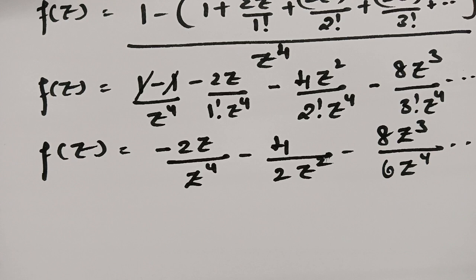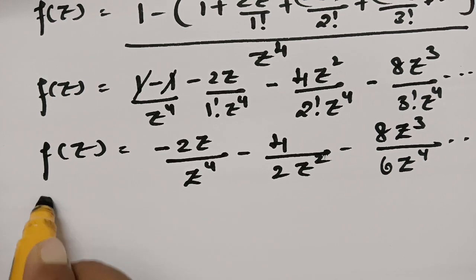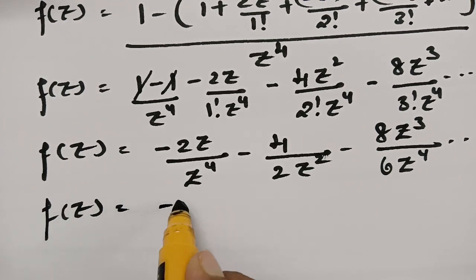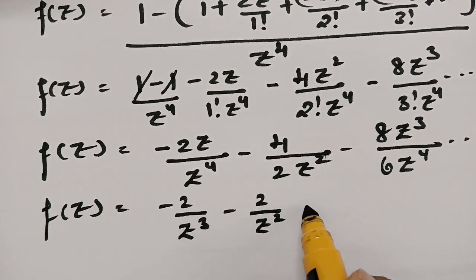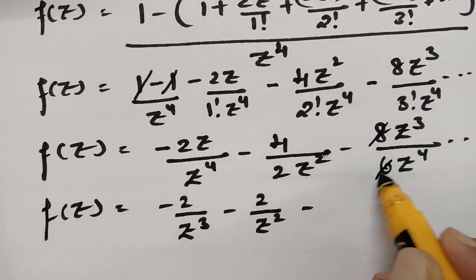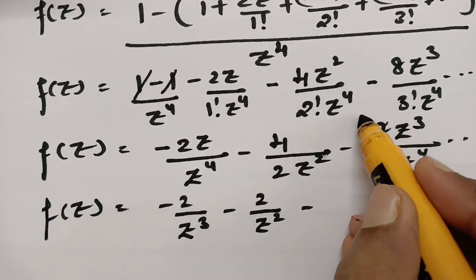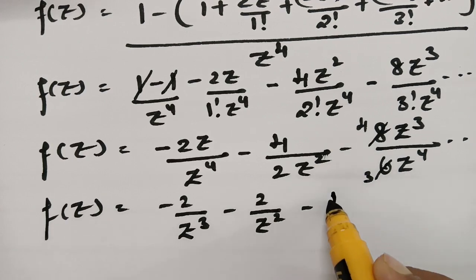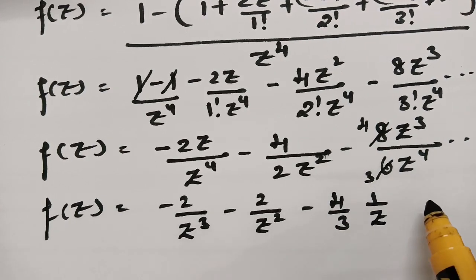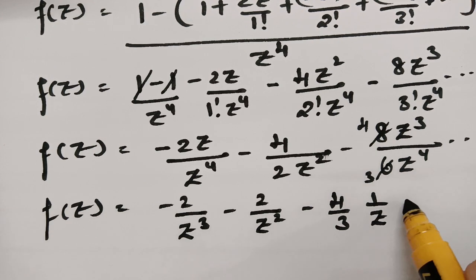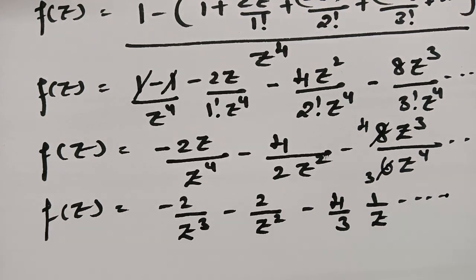If I cancel each and every term, then f of z is equal to minus 2 by z cube, plus 2 by z square, minus 4 by 3 into 1 by z, minus and so on.